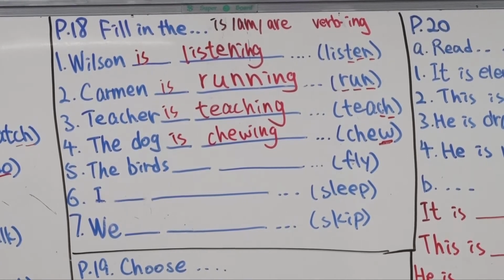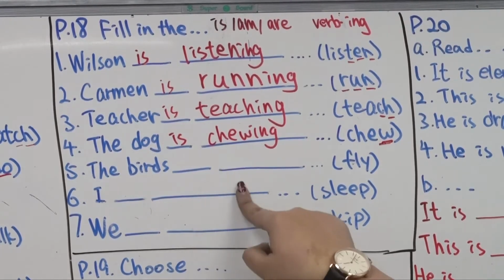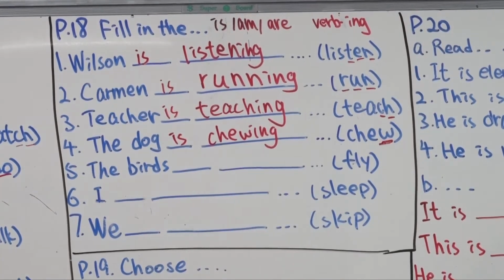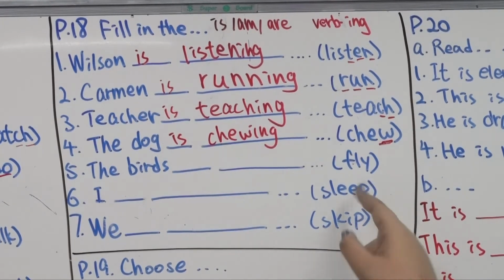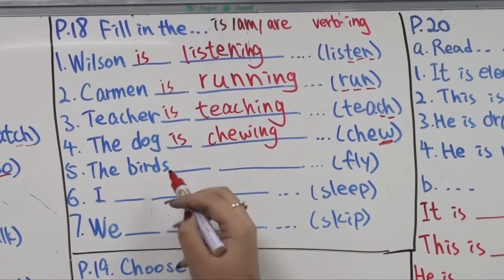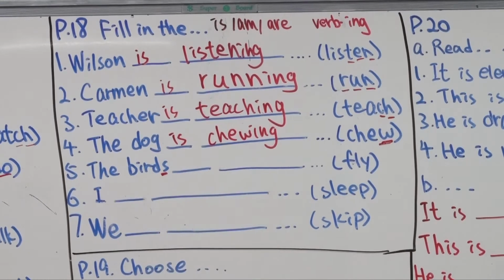Alright, I think this much time is enough for you. Okay, the birds, what? In the sky. Fly. The birds refers to more than one, right? It tells you that the birds is a plural noun, so we add is, am, or are.